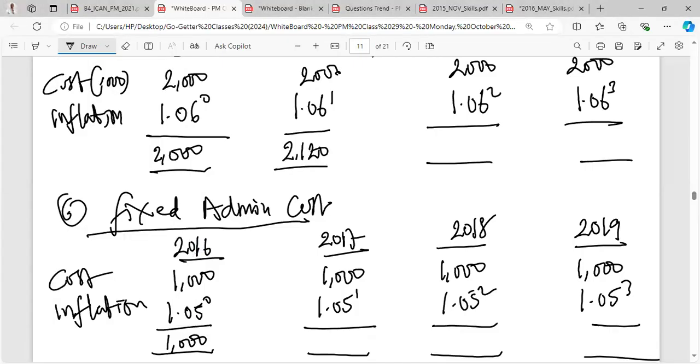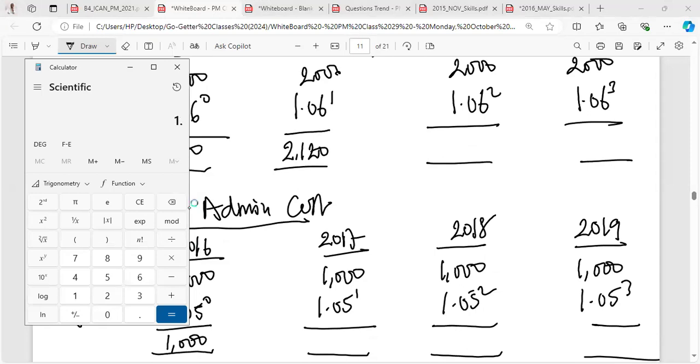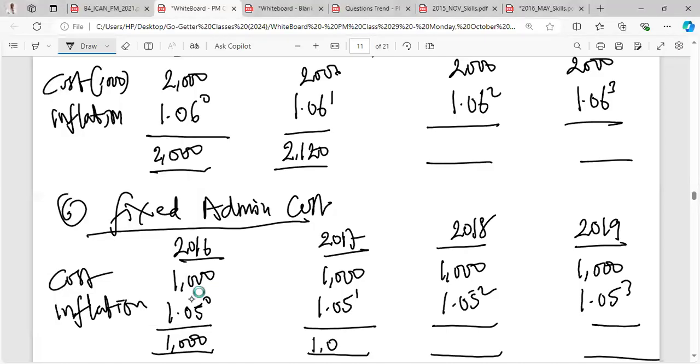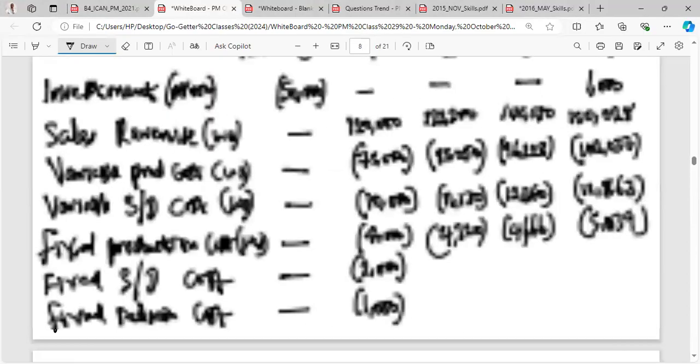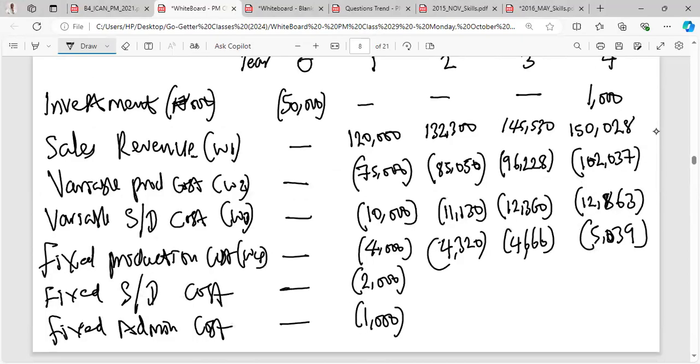While this other one will give me 1.05 times 1000, 1050. So this is 2120 and 1050.